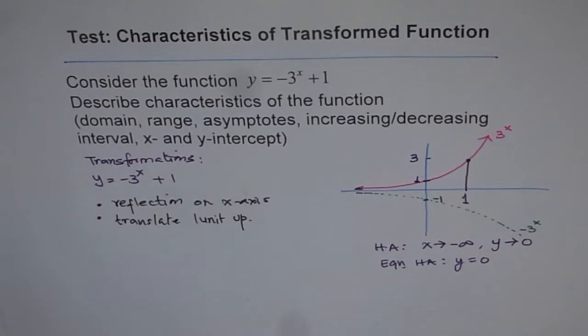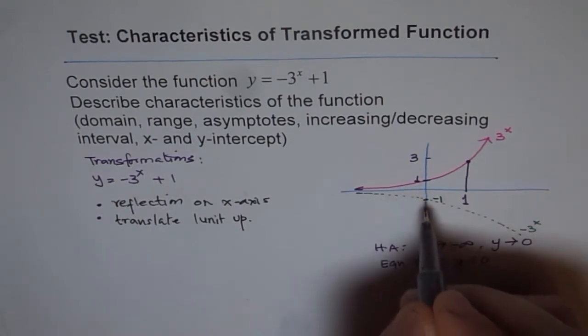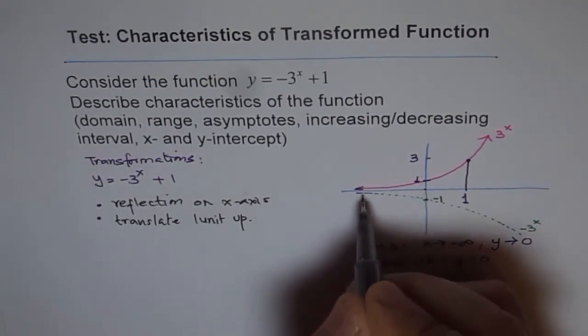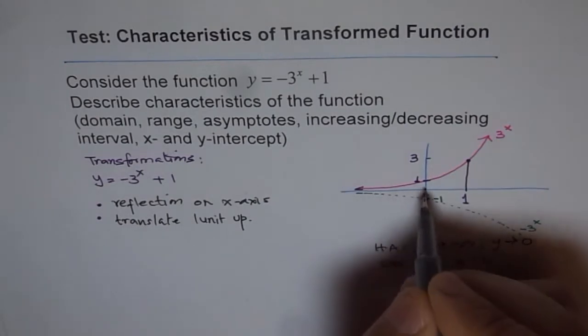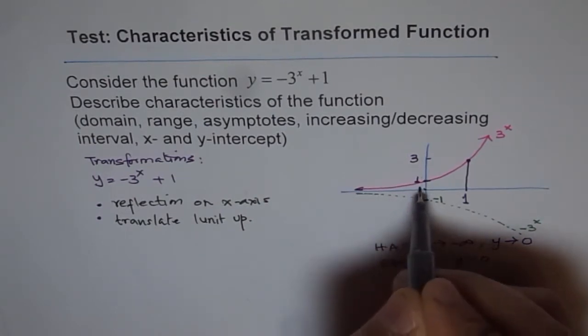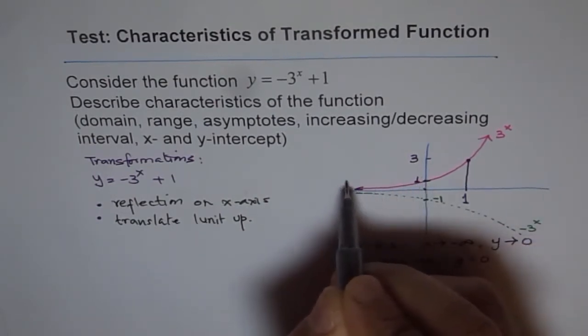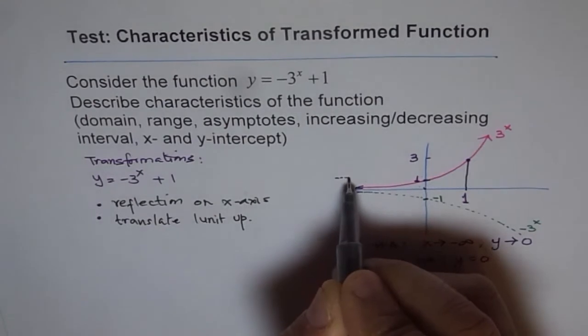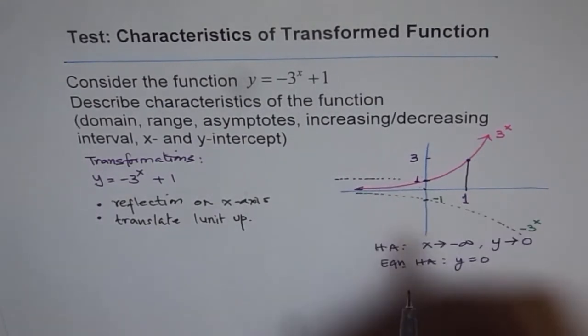And finally, when we have to move it 1 unit up, this point will actually come here, and everything will move by 1 unit. What really happens is the horizontal asymptote, which was at y equals 0, now all of a sudden comes at 1. Do you see? That becomes your horizontal asymptote.